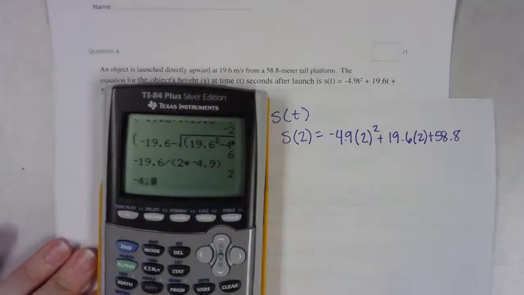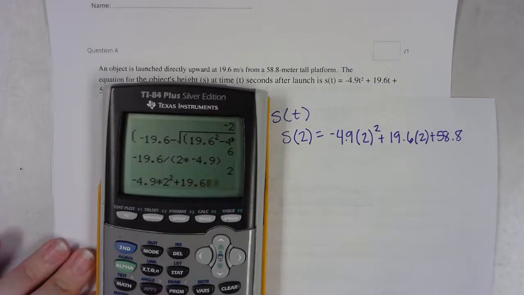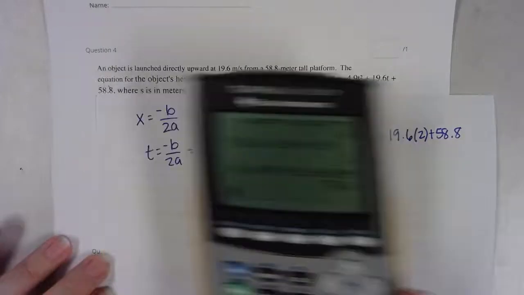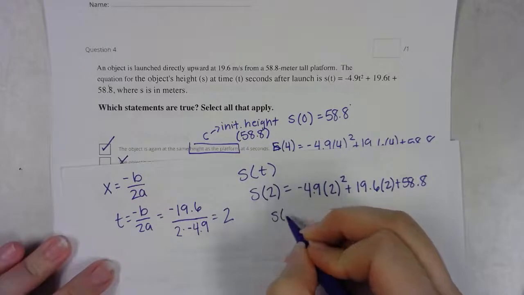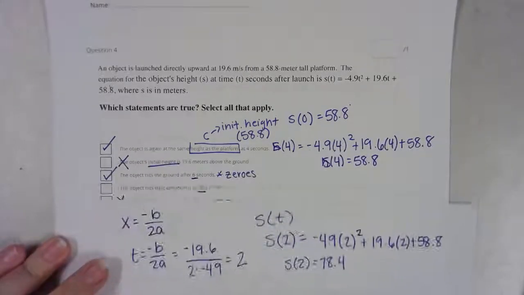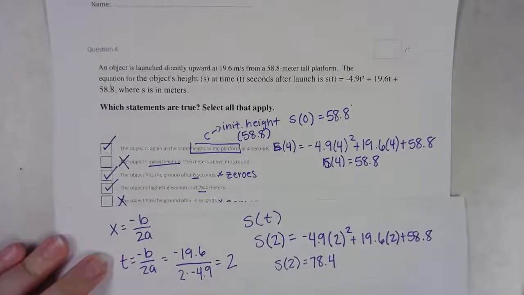That means its highest point is 78.4, so s of 2 is 78.4. The object's highest elevation is at 78.4 meters, so that one would be correct as well.